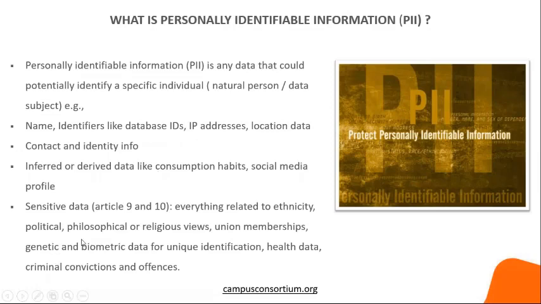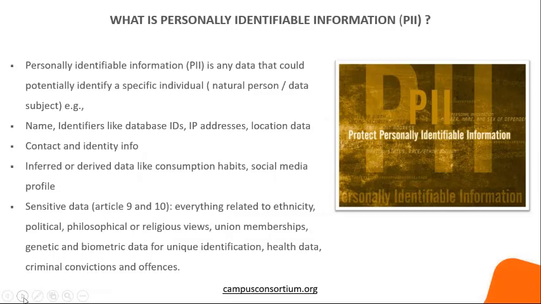Now, I've been saying personally identifiable information, which is also called PII. We normally come across this acronym PII when we are talking to any person who is aware of the GDPR, and this is the main focal point across the GDPR. Personally identifiable information is any data that will help to identify a person.